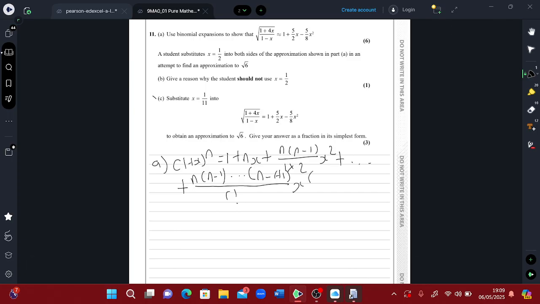Okay, so that's the formula as quoted in the formula book.